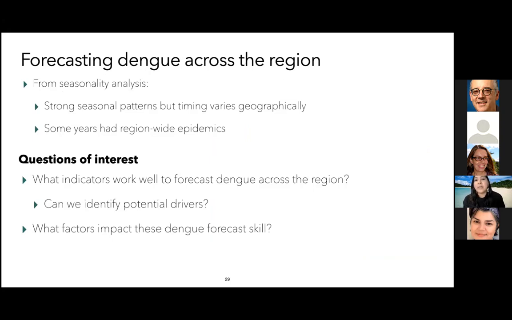And not just developing forecast models, but can these forecasts tell us something about potential drivers of these dengue dynamics? Another was: if we forecast dengue, what is the forecasting skill? Does it vary across different countries, or are there certain factors that influence the ability of models to forecast dengue well?